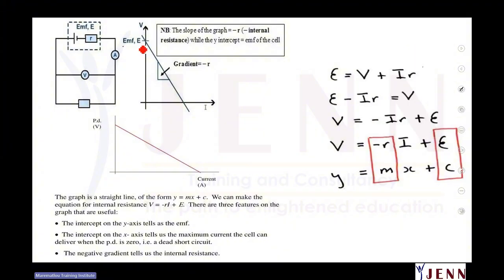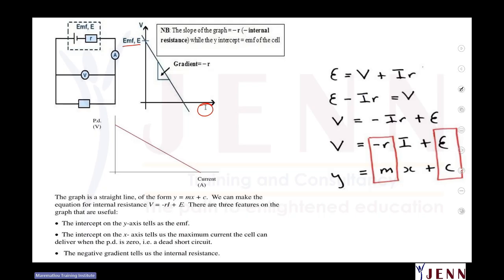If I put EMF as a function of current, that means I'm changing current in my circuit. I want to observe how EMF will be influenced when the battery has internal resistance. That means I'm using EMF as a function of current.